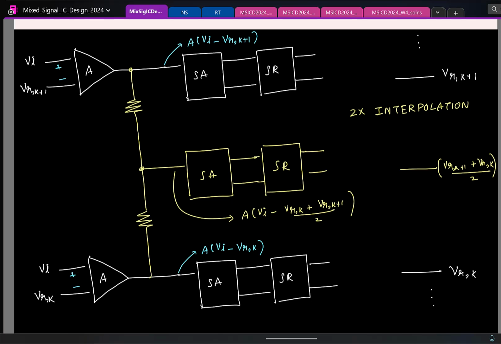Noise because of the resistor will not be that critical, because again flash resolution is small. Resistor area is not so much, let us say. Power you always look from VDD to ground, so it's not critical between these two.